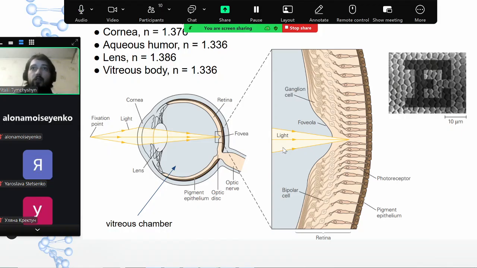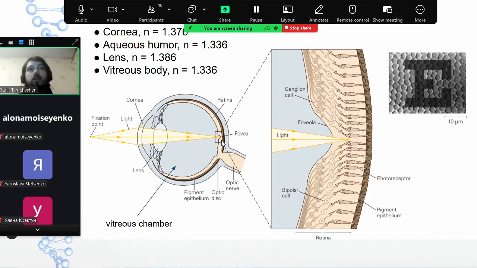Two things to notice. The first one is the fovea. This is the place of the sharpest vision of our eye. When we are looking at something and we want to take a good look at that object, we will position our eye so that the image of that object will fall into the fovea.